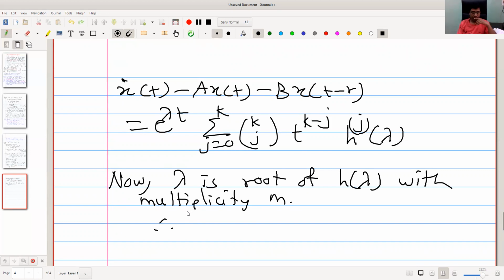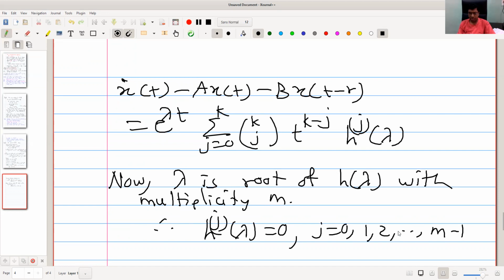Therefore h j of lambda equals 0, for j equal to 0, 1 up to m minus 1. h 0 means zeroth derivative, which is h itself.